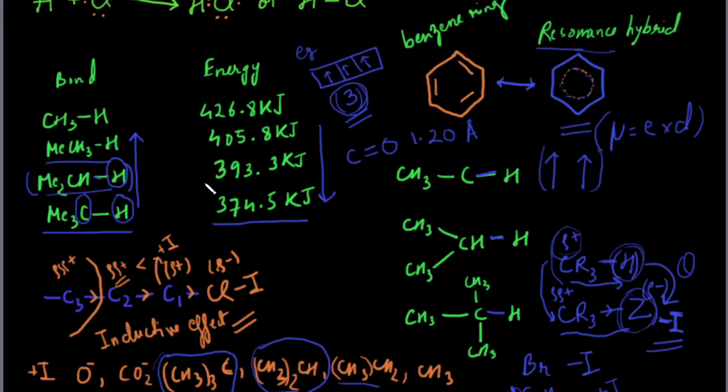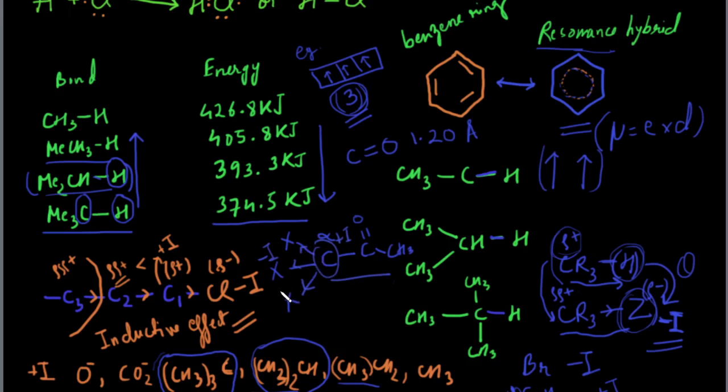The larger the number of halogen atoms on the alpha carbon atom, X being the halogen, this being the alpha carbon, in this compound we have the inductive effect, minus I on the halogen groups and plus I on the alpha carbon.